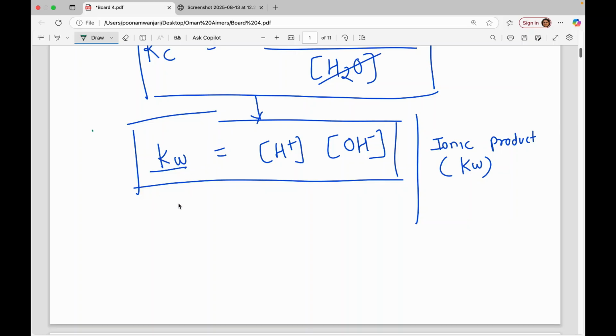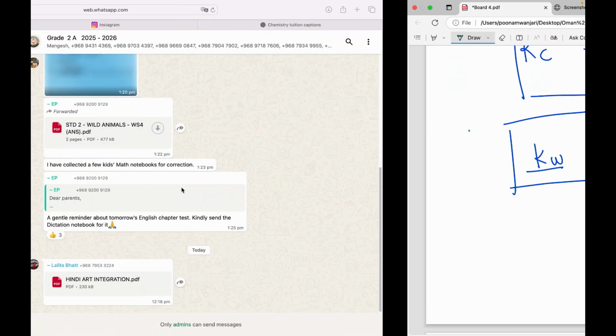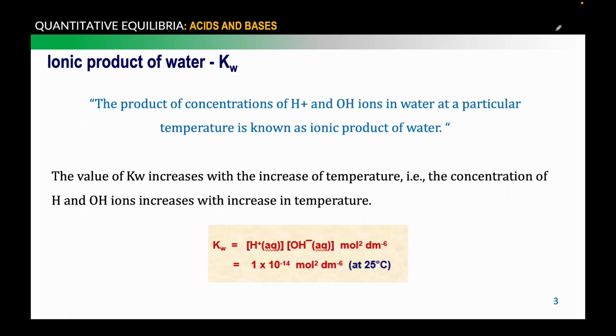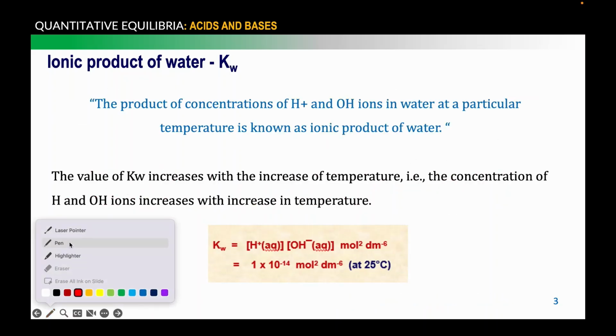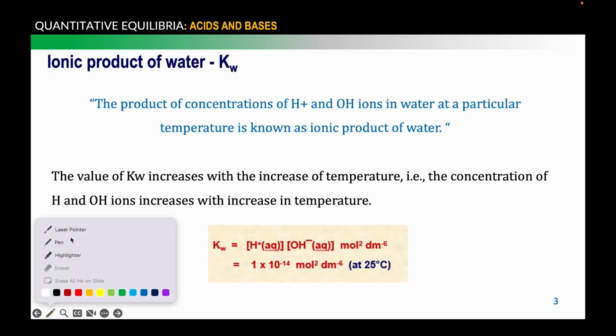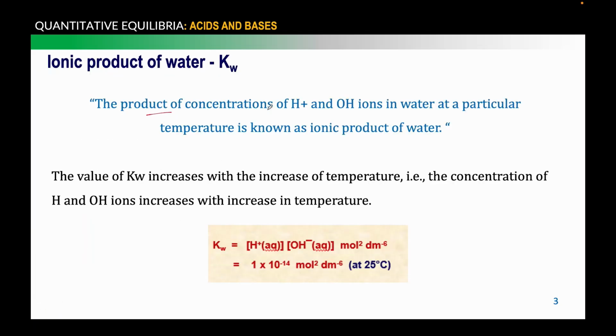Maybe you understood, otherwise you can note down this definition: the product of concentration of H plus and OH minus ion in water at a particular temperature is known as the ionic product of water. As I already told, student, you can pause the video and note down this definition.